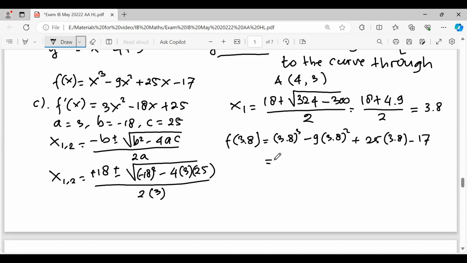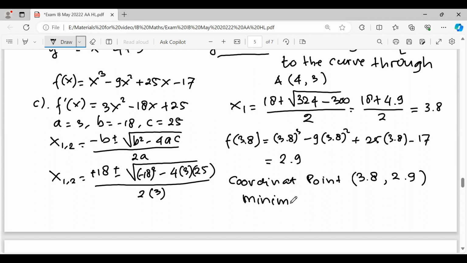I'm going to calculate first. Okay, it is 2.9. So the first coordinate point is 3.8, 2.9. And this is the minimum point.